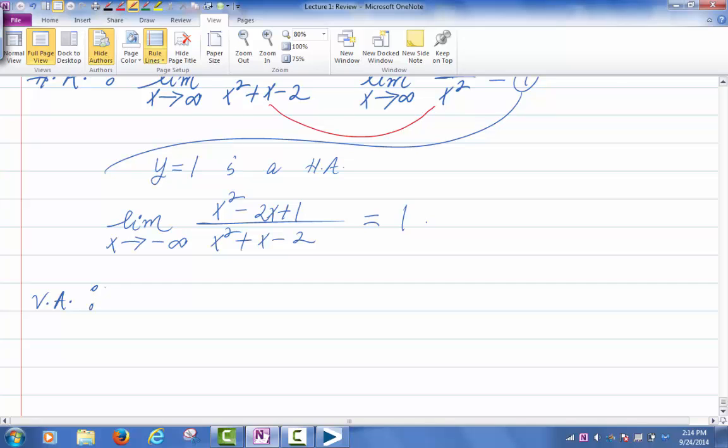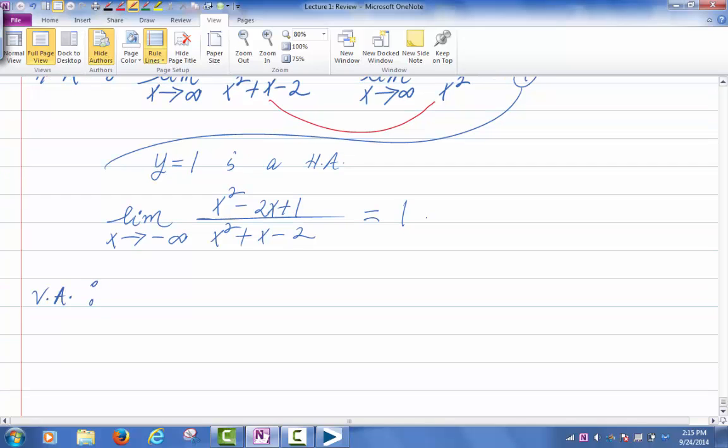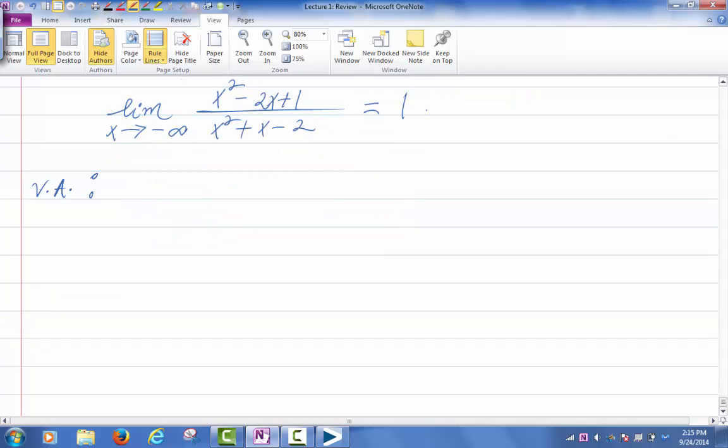To find the vertical asymptotes, what do I have to do? I have to figure out the values of x where the function goes to infinity or negative infinity, right? So at what values of x will a ratio go to infinity or negative infinity?